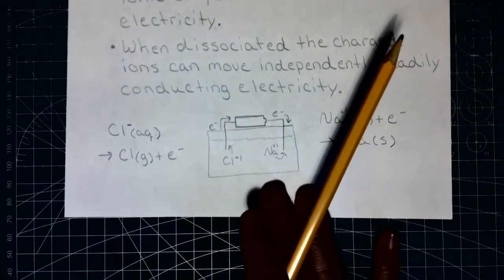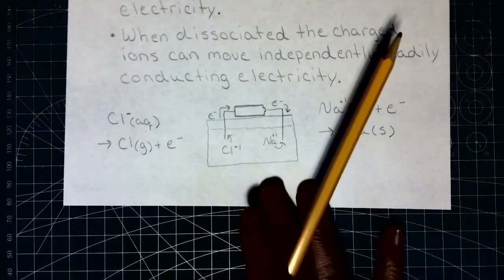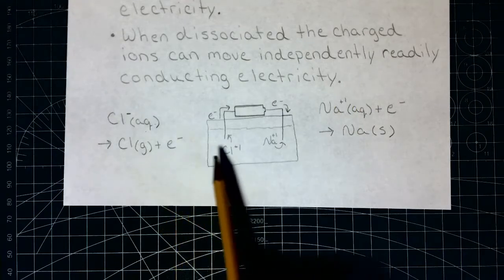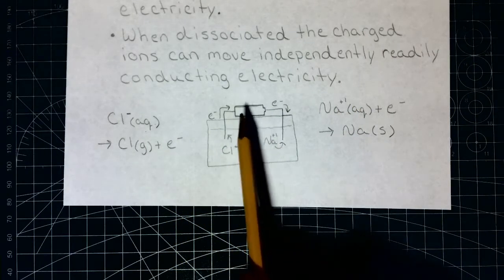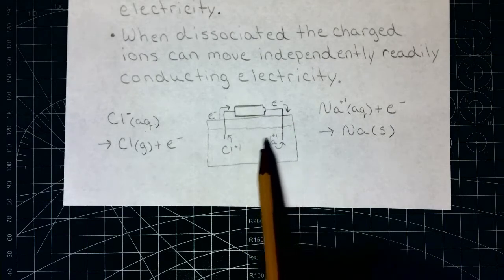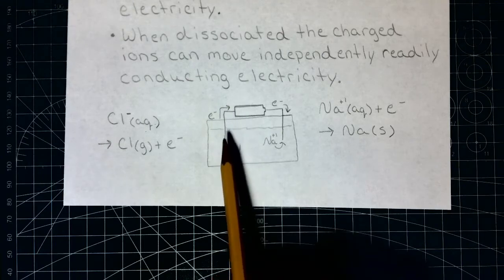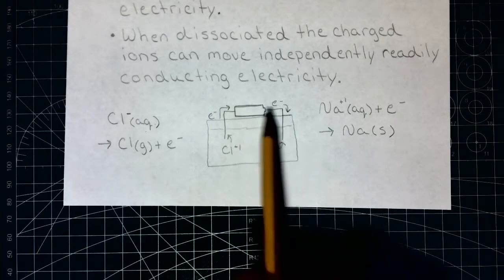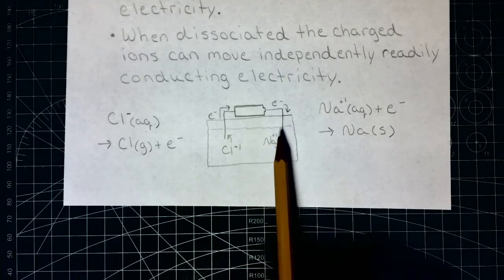And I've drawn a little picture down here to kind of indicate how this works, right? So if I had a battery and I attach the positive end down into a solution of salt, and I attach the negative end down into the solution of salt, what's going to happen is the battery is going to push electrons off of its positive end. It's going to come down here.